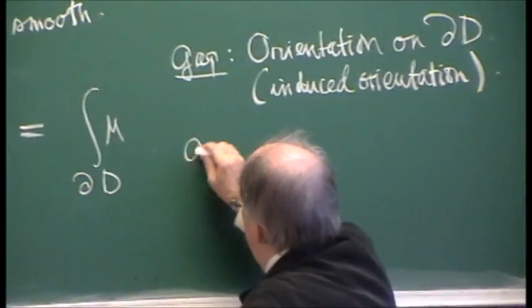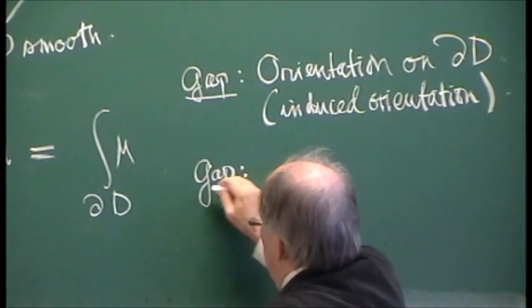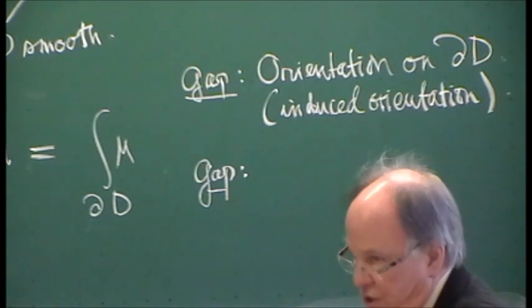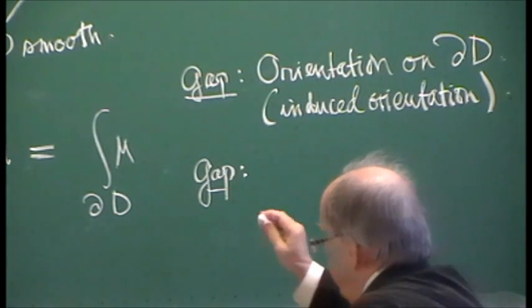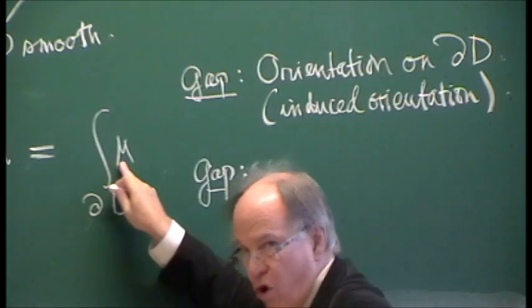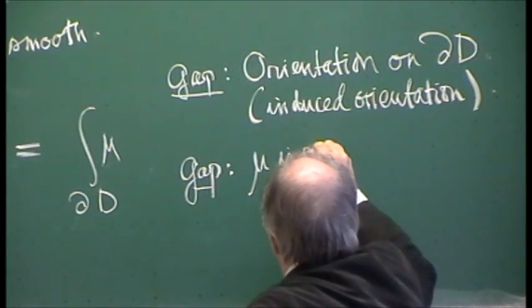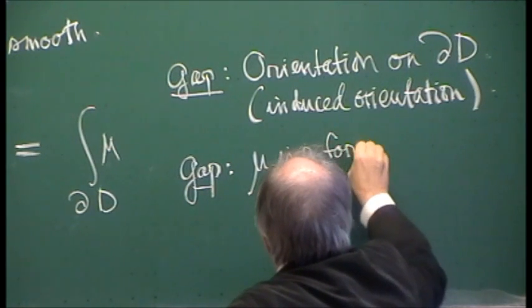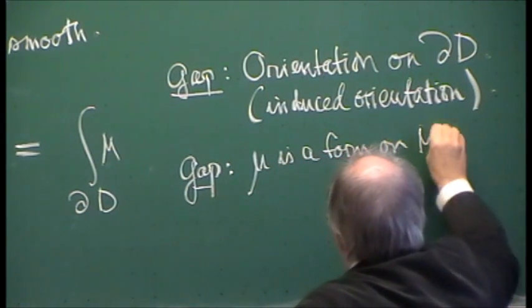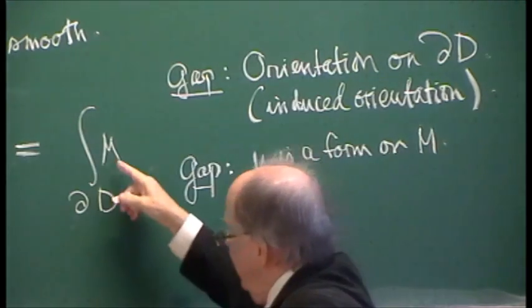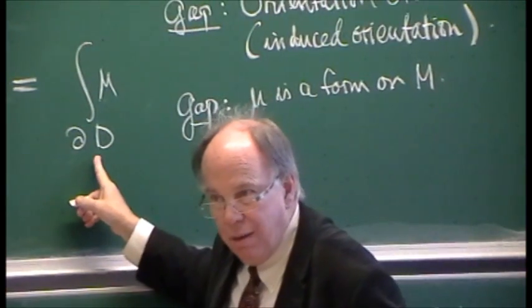And there's another gap. It's really not a gap, it's just a gap in notation. You should be very careful. This is a form on M. So mu is a form on M. And I'm integrating it over the boundary.